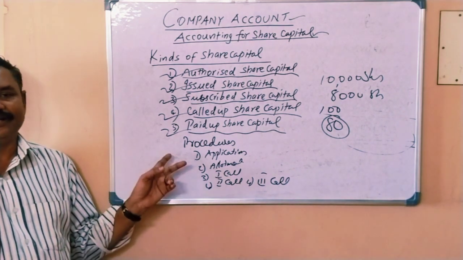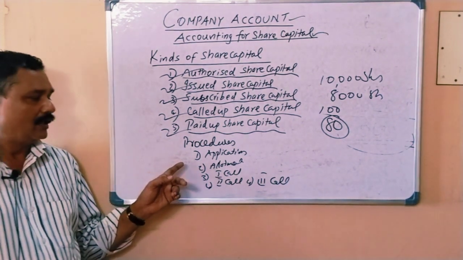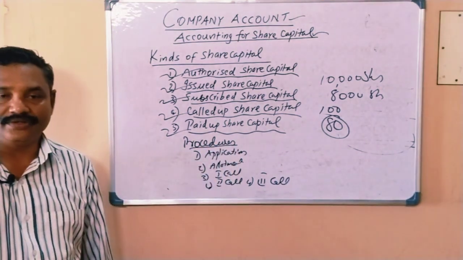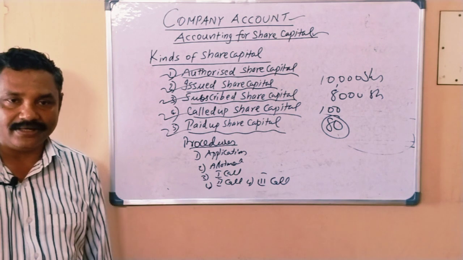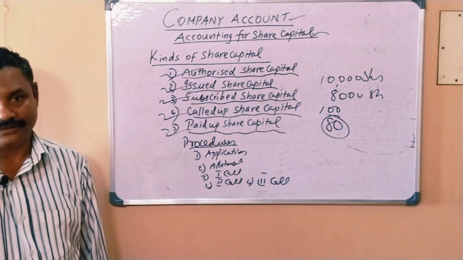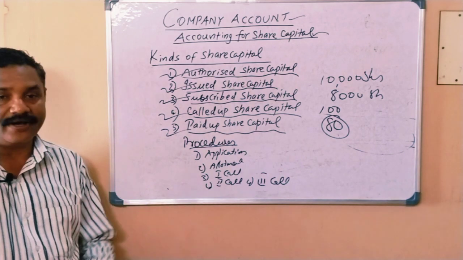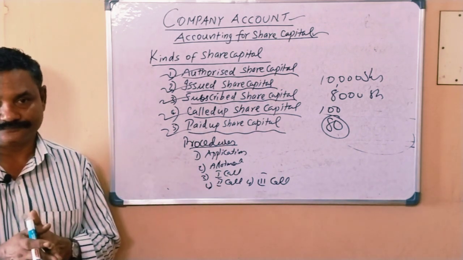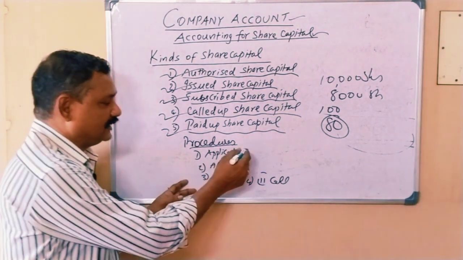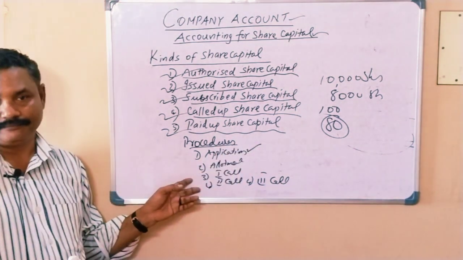Understand in a correct way. What are the procedures for issuing and collecting money by the company from the public? There are 5 procedures. First one, receiving share application money.